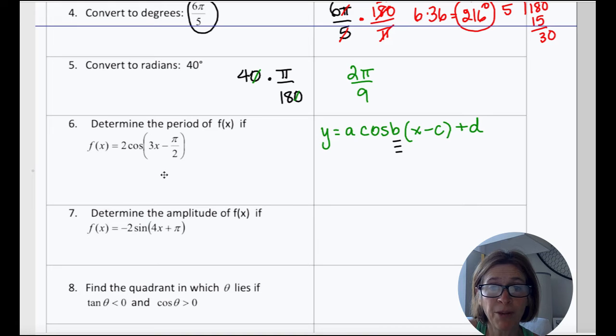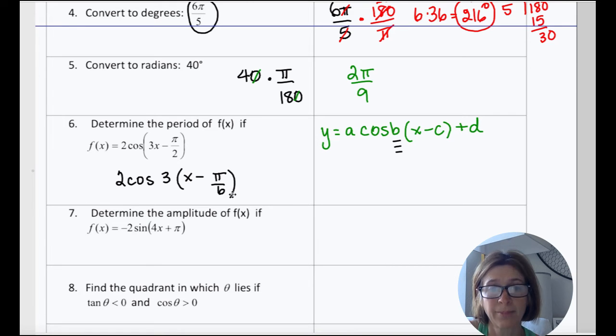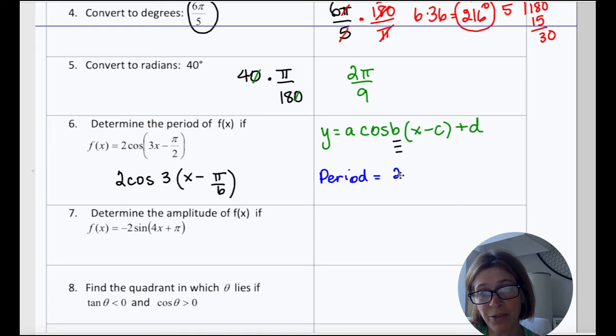So I see parentheses here. The first thing I'm going to do is pull out the 3. Okay, and so I can then see my b term. To find your new period, you take 2 pi and divide it by b.